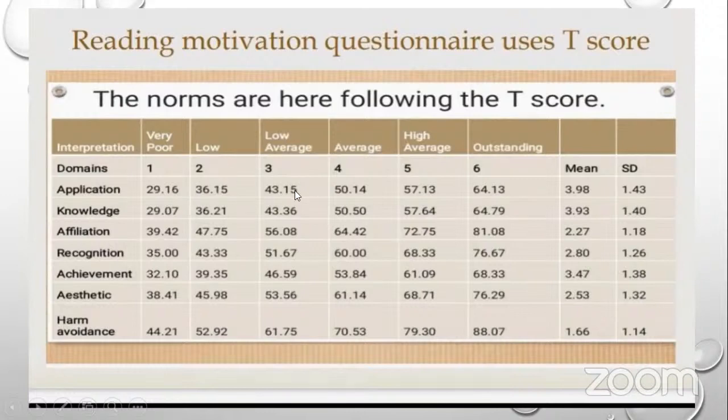Then here low average, average, high average, outstanding. 64 is considered outstanding. Just like this, it is classified with respect to each domain: application, knowledge, affiliation, recognition, achievement, aesthetic, harm avoidance. So you have to keep this in mind with respect to these scores, because based on the mean and SD, we will be calculating the Z score and then the T score.